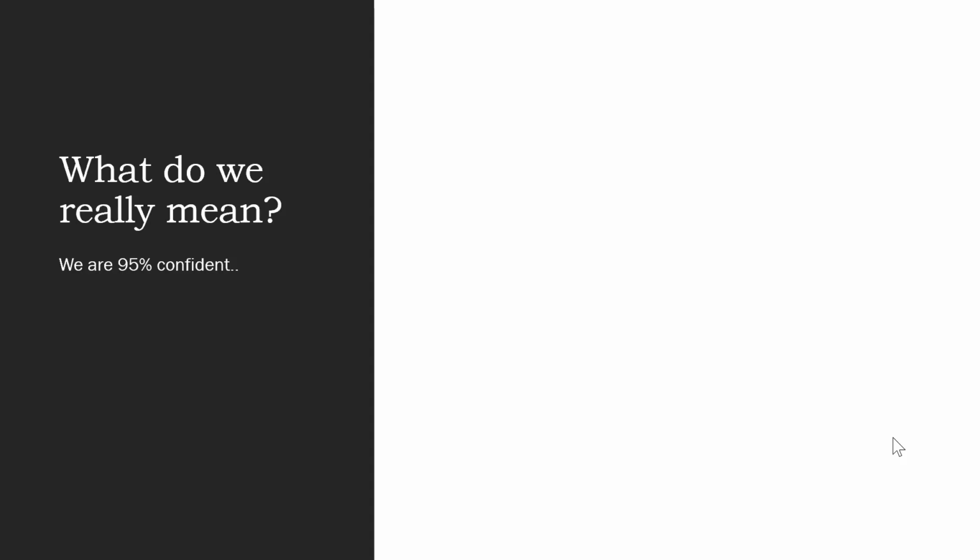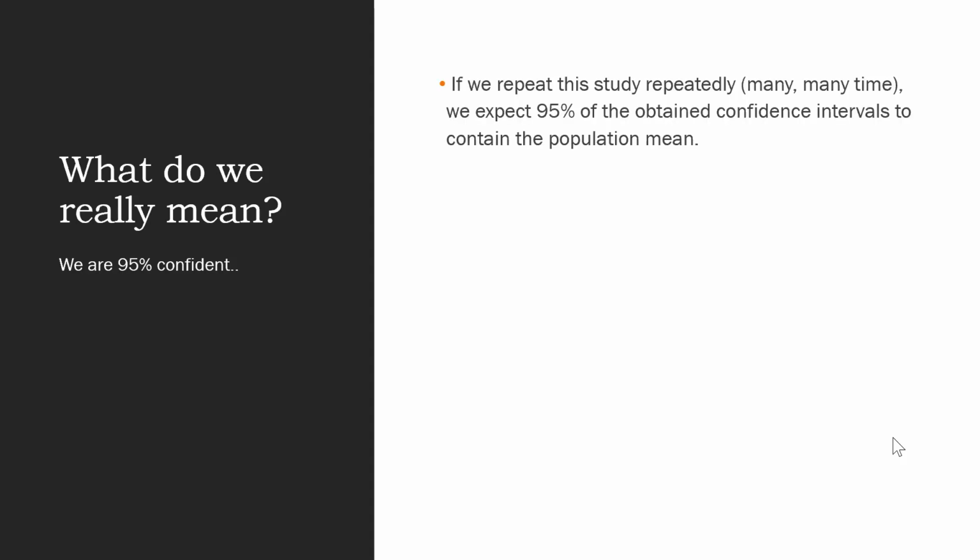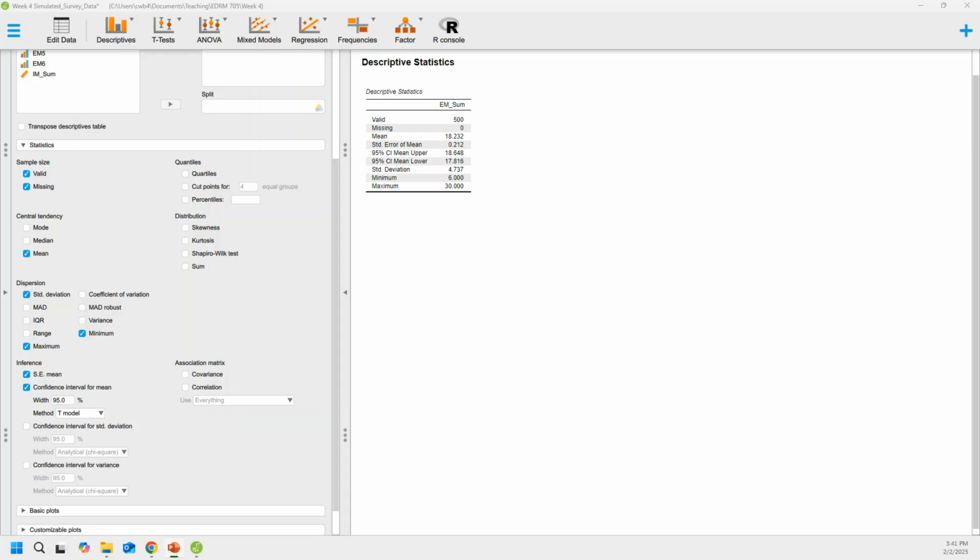And that sampling distribution is just the distribution of all those possible outcomes that we got every time we did those resamplings and calculated our statistic. The same thing happens when we do this confidence interval stuff because it's based off of the sampling distribution. What we're saying, what we really mean, is that if we repeat this study over and over and over again, that should literally say many, many times.